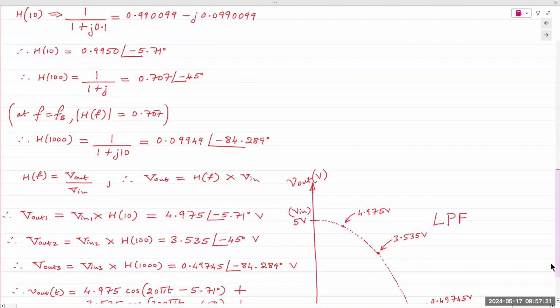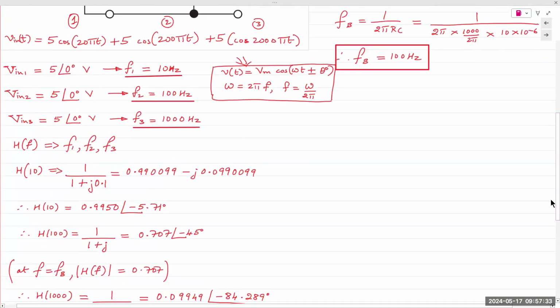When you solve that, you obtain the value of H of 10 as 0.99 minus j0.099. The reason I've taken so many decimal places is that I didn't want there to be an error. 0.99, if you round up, you can just state it as 1.